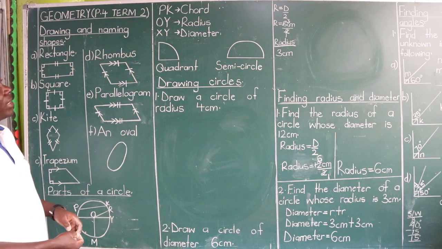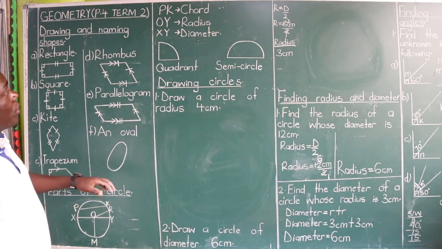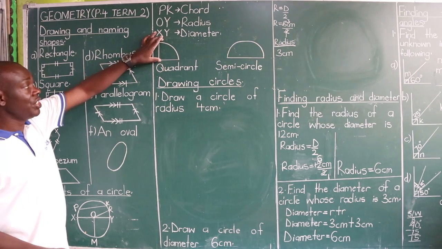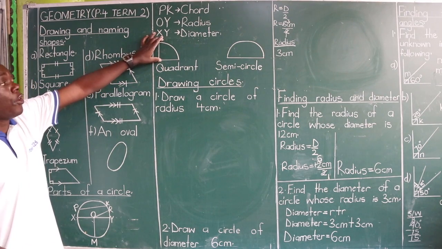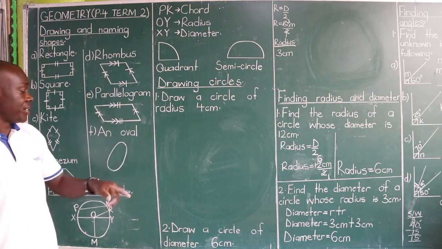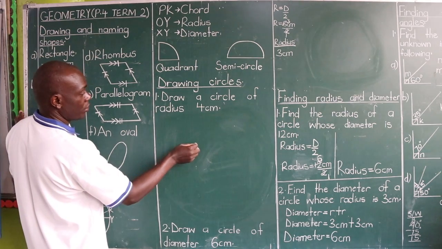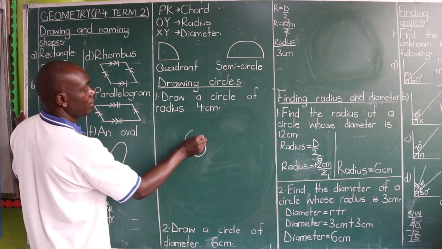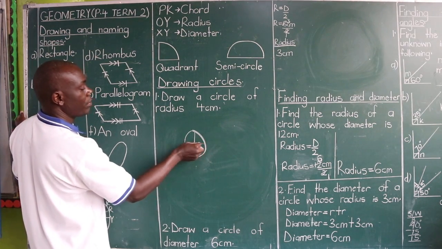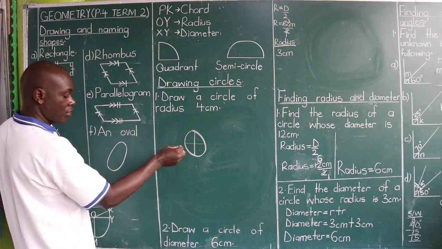Then we look at the two parts of a circle. When a circle is cut into 4 equal parts, each part is called a quadrant. If I've got a circle and then you cut it into 4 equal parts, this is called a quadrant, a quadrant, a quadrant, a quadrant.